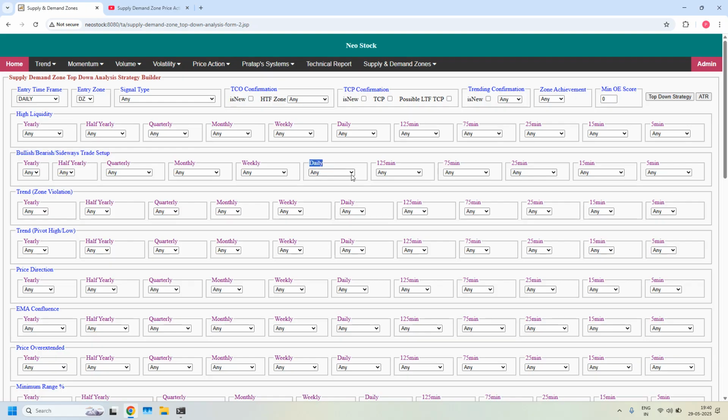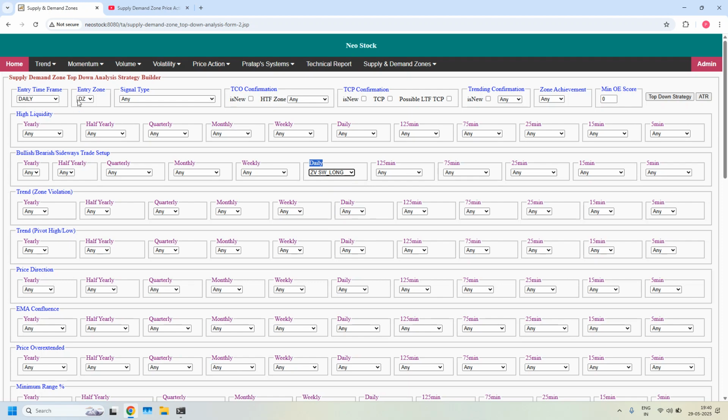In the daily time frame, I am selecting the parameter sideways long trade setup based on zone violation, because you already learned the trend calculation based on zone violation or swing high low. These are the techniques. At present, I am focusing for our report generation on zone violation based sideways long trade setup. So I want to generate the report based on this.